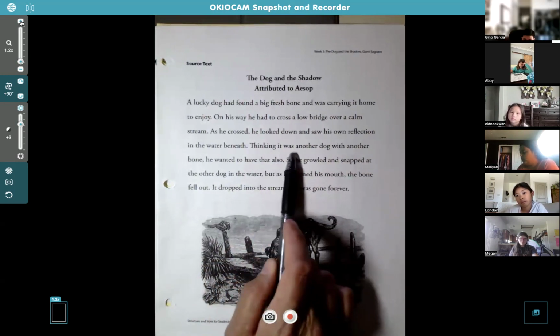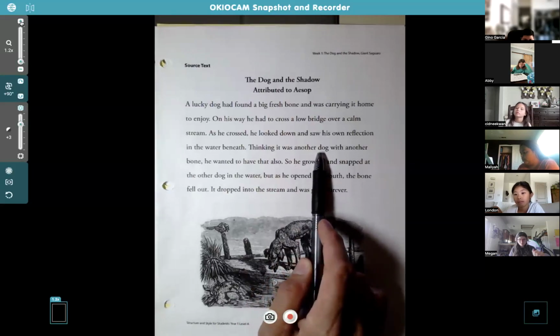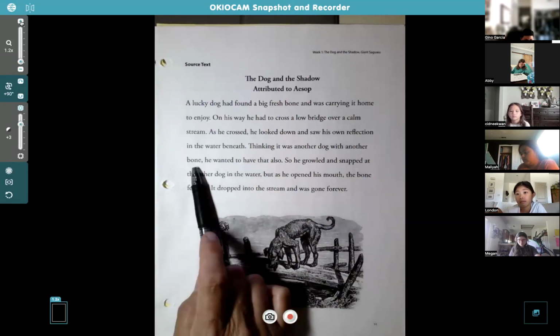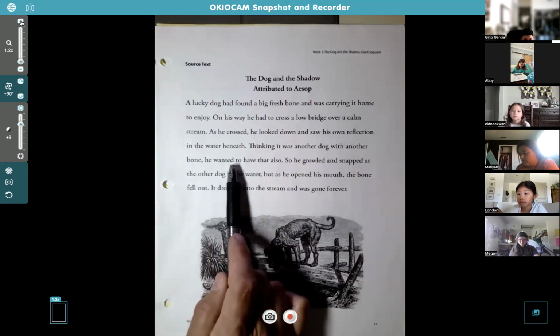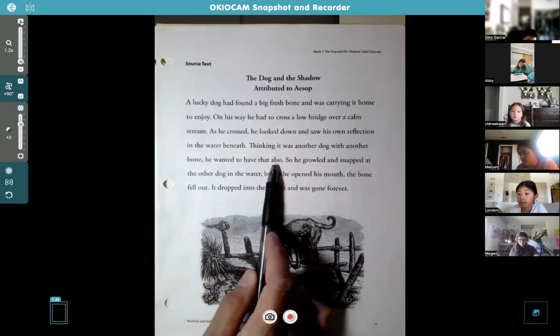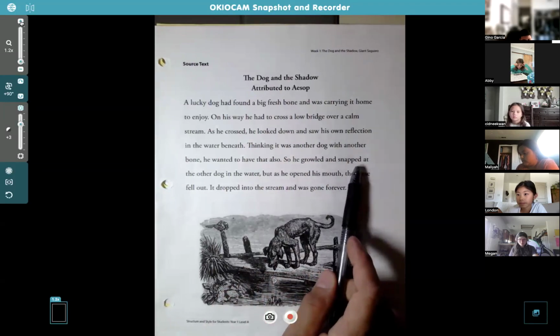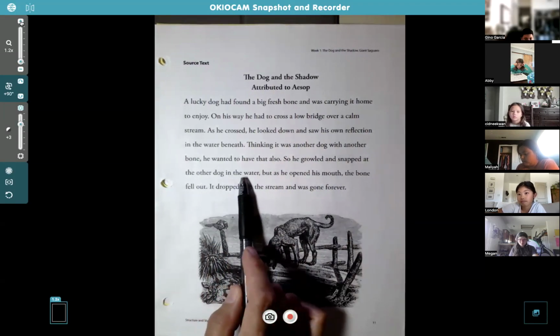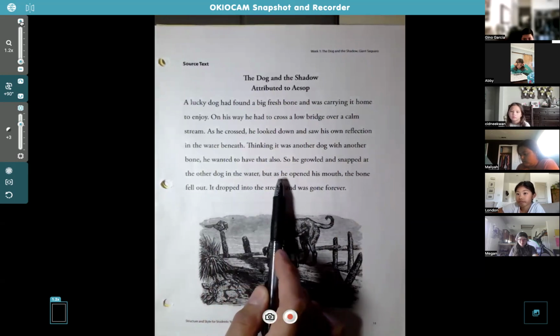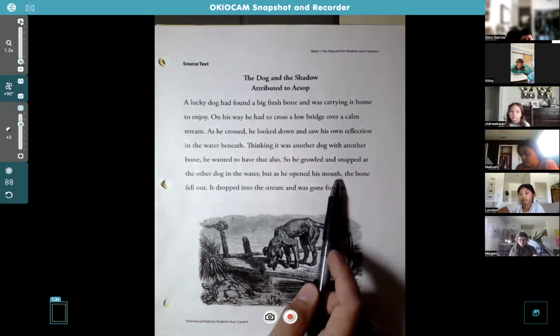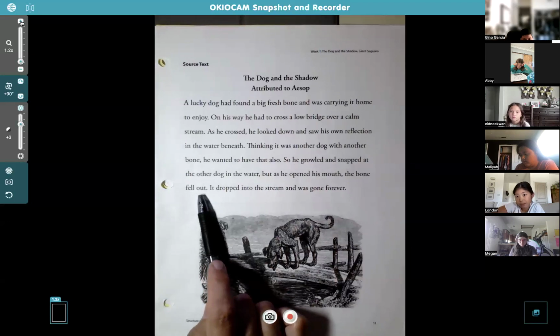Thinking it was another dog with another bone, he wanted to have that also. So he growled and snapped at the other dog in the water. But as he opened his mouth, the bone fell out.